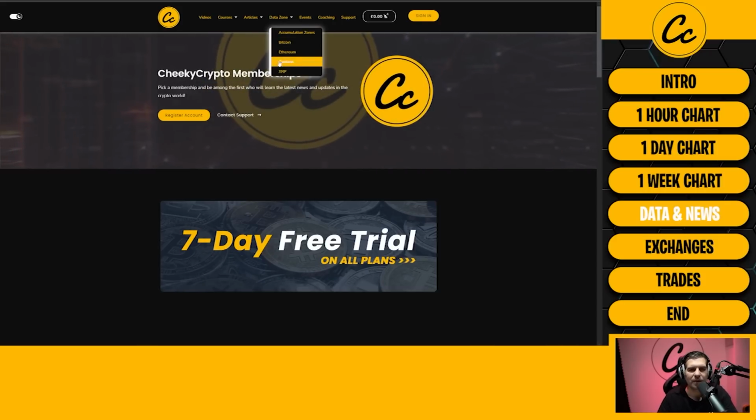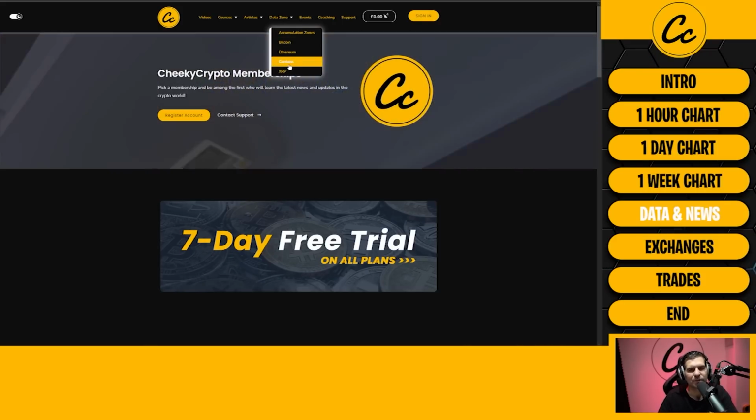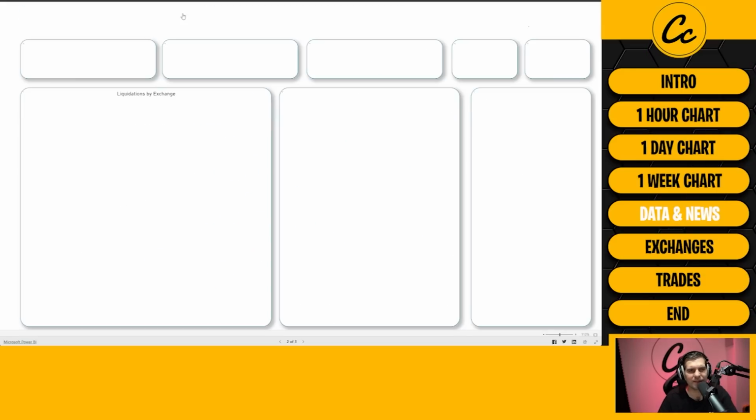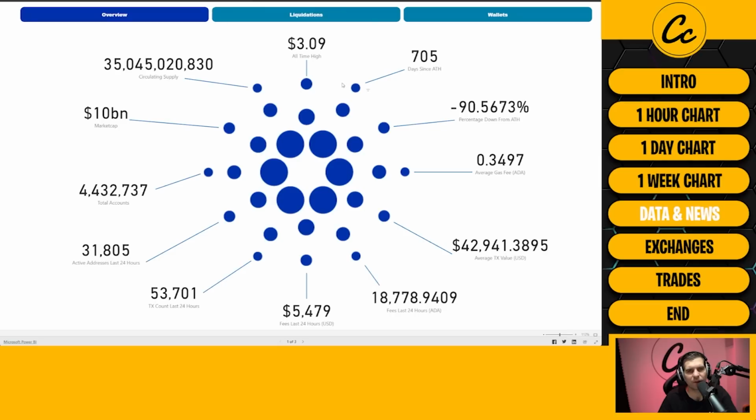So in here, we have a Cardano data source for on-chain data. I'm going to load it up here. We obviously have the overview, telling you all the ins and the outs of what is going on from top level Cardano, right? So whether it's the 35 billion in circulating supply, the all-time high, the days since its all-time high, the percentage that it's down, all the way through to the amount of fees that were paid in the last 24 hours, which was 18,778 ADA, or $5,479.